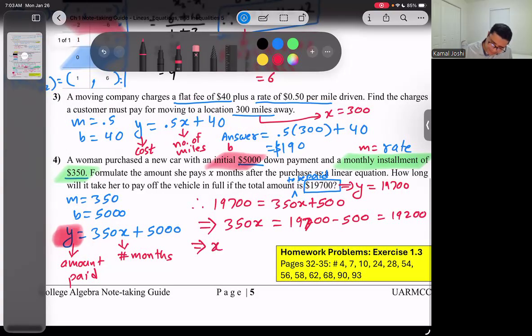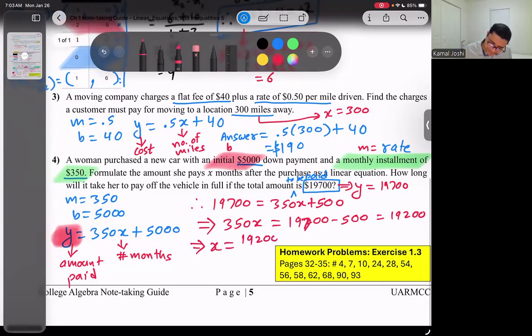And then you divide. X will be 19,200 divided by 350. You can punch that in a calculator. I will try to see if I can do it mentally. 0 and 0 will cancel. 35 times 2 is 70. 70 times 2 will be 140.